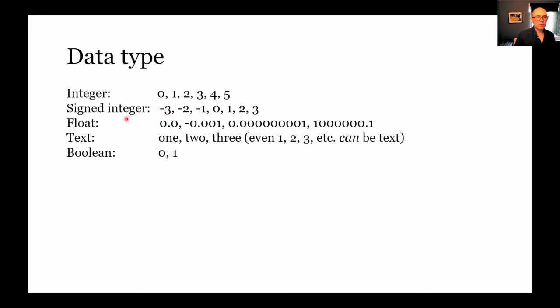This is an important point. This also is an important point, this signed integer, that we have negative values, and the floating point that we have all of this potential to save all of these zeros. It requires space on the computer. Now, space on the computer nowadays tends not to be too much of a problem. The hard disks that we use are large in comparison to only a few years ago, but still we have a bottleneck when it comes to transferring data from the hard disk to the processor. That takes time.